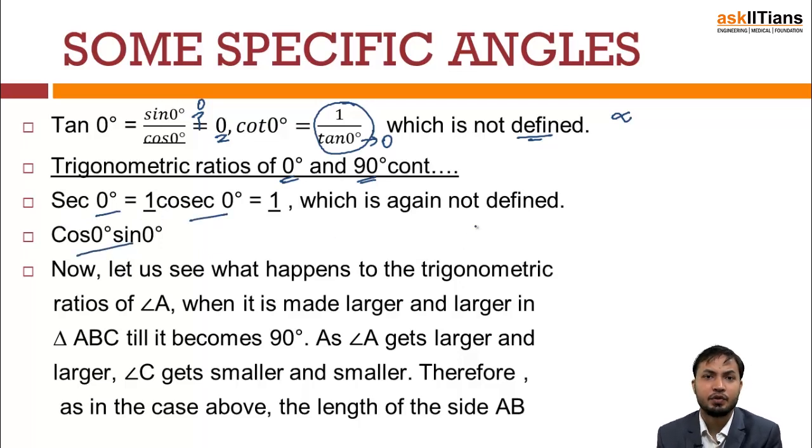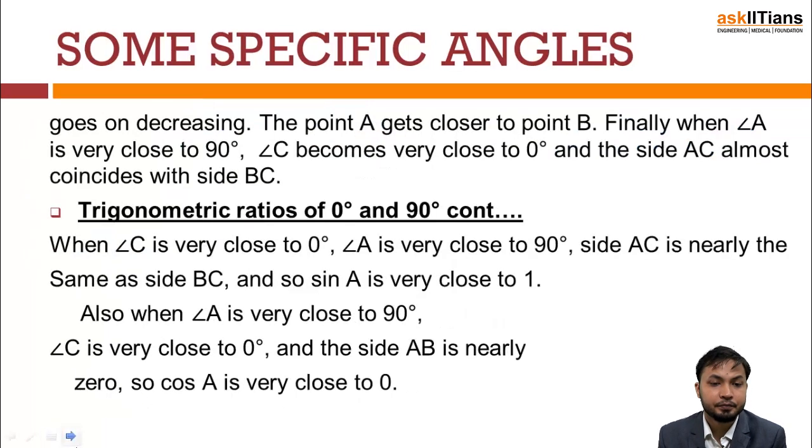So in all the cases we see, for all the 6 trigonometric ratios and for all the 5 values, we have defined everything, right? So we all know all the values for all the trigonometric ratios for 0, 30 degree, 45 degree, 60 degree and 90 degree, right? So whenever one angle is getting to 0, the other angle will always be close to 90 degree, right?